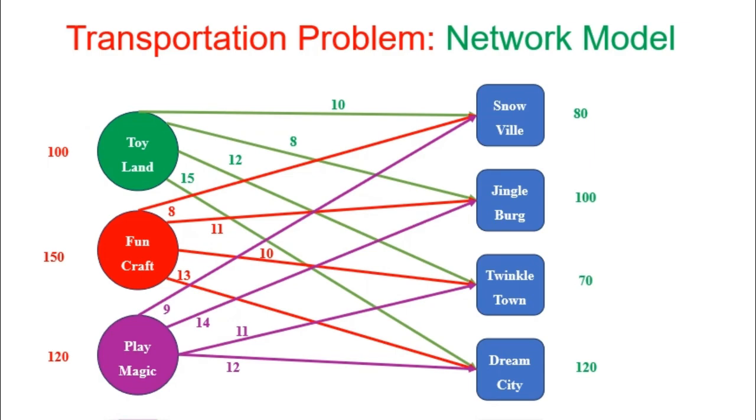The second city, Jinglebug, has a demand of 100 toys. The third city, Twinkletown, has a demand of 70 toys, and lastly Dream City has a demand of 120 toys. This is how you can represent your network model.